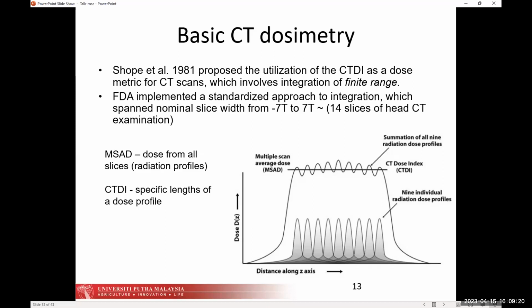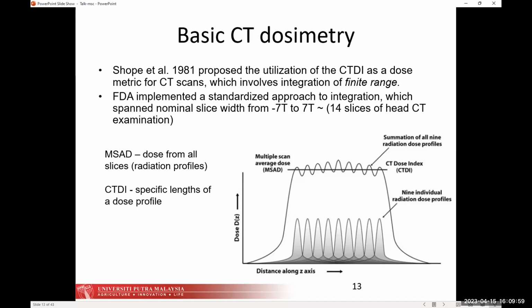But the problem is the ion chamber they were measuring with is 100 millimeters. So every time physicists estimated this dose profile, they were actually reporting the measurement of integration over a 100 millimeter ion chamber. Some reports use the MSAD, multiple scan average dose, which involves several dose profiles that are averaged.